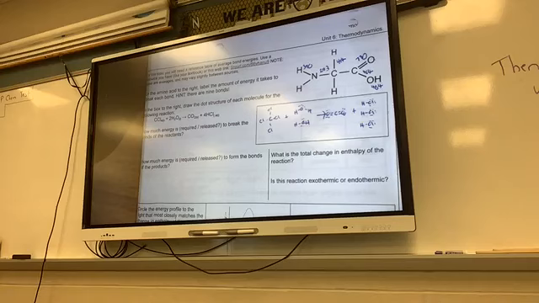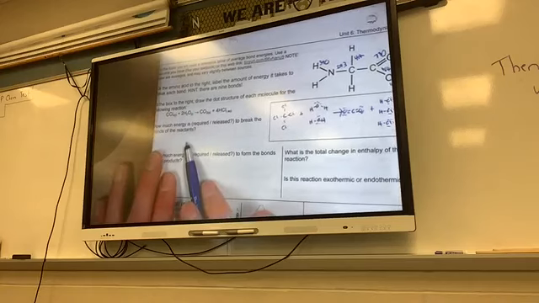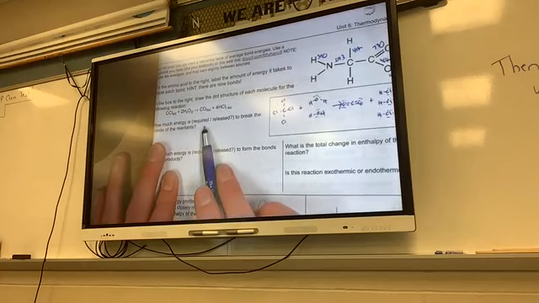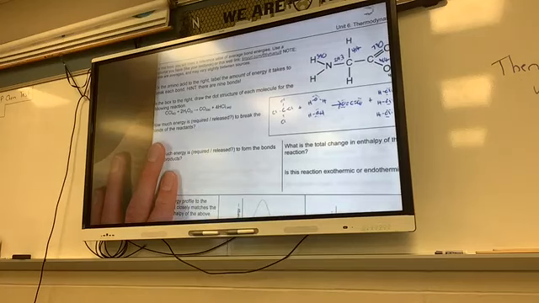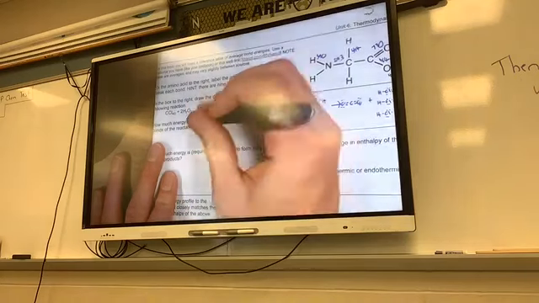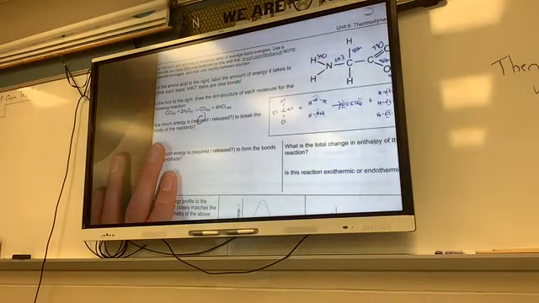So, we don't have all the numbers, but let's just talk through how I would figure out how much energy is required or released to break the bonds. First of all, am I requiring energy or releasing energy to break bonds? Requiring. What bonds and how many would I have to break on my reactant side?